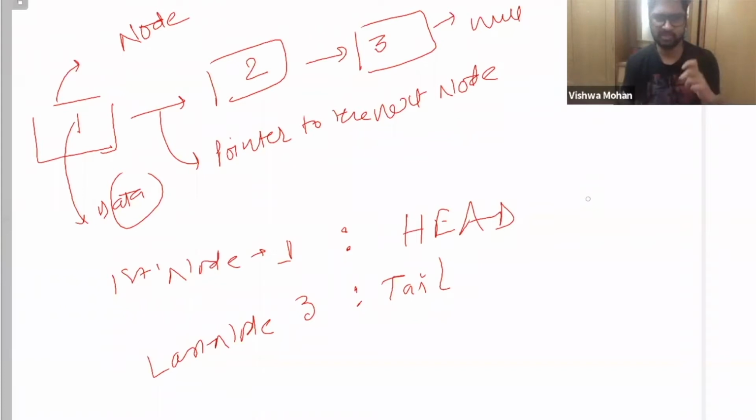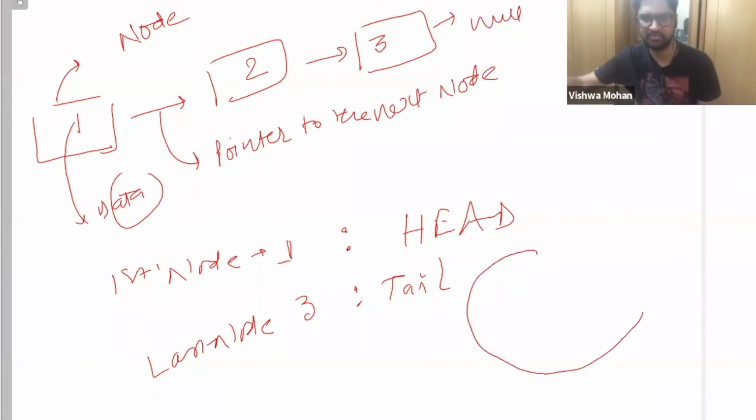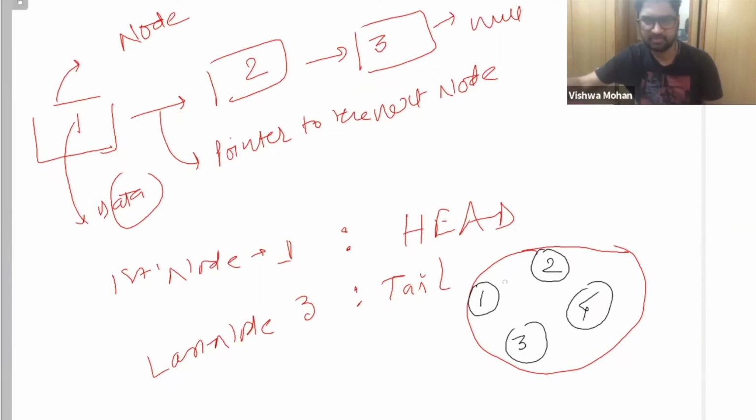The beauty of this is that since each node knows where the next node is, they don't need to be stored contiguously. So for example, suppose this is my memory space, so the first node can stay here, the second node can stay here, the third node can stay here, the fourth node can stay here. And the first node knows where the second is, the second node knows where the third is, and the third knows where the fourth is.